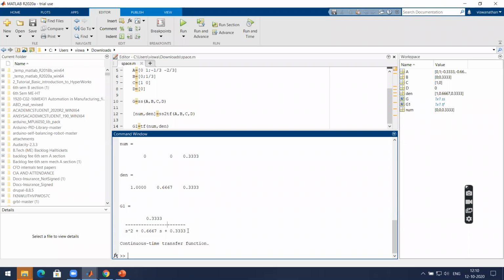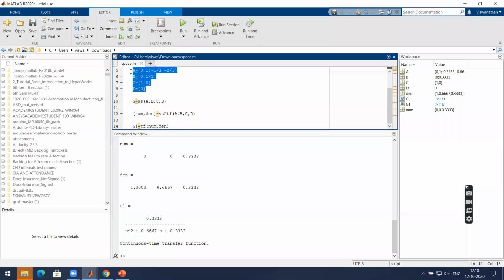So what we have done is we have calculated the state space model for that problem. This is the state space model, A B C D are the matrices of that. Then we collected the numerator and denominator of that, state space to transfer function conversion, just to check.